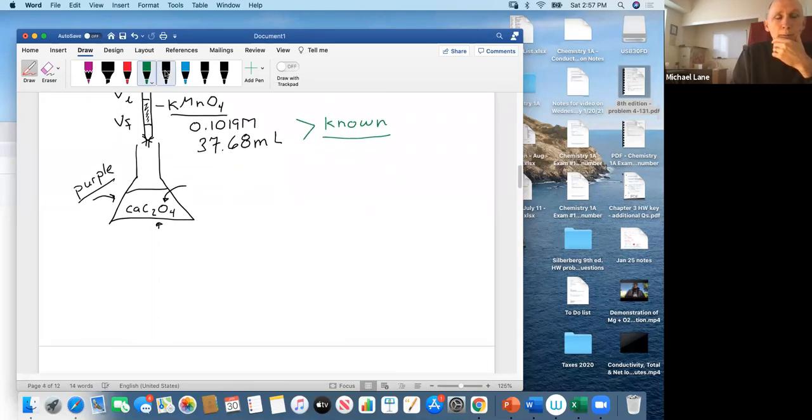So here we go. Converting from milliliters to liters just by moving the decimal place 3 places.